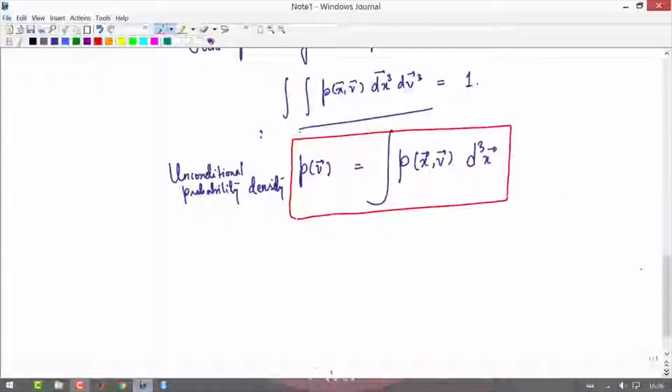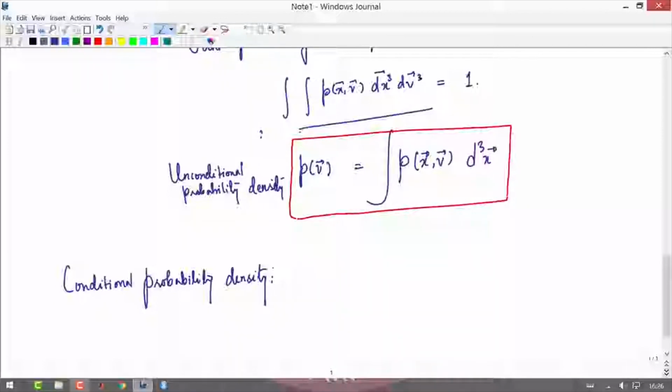But you could also talk about conditional probability densities. Now this is more interesting. This simply means that if you want to know the probability of finding a gas particle at some location x, provided its velocity is set to some value, or you may want to know the probability density of finding a particle at a location right below the fan, for instance, provided its velocity is something.